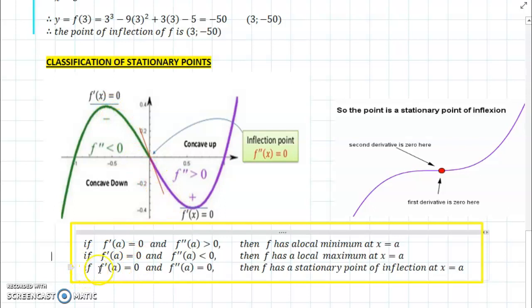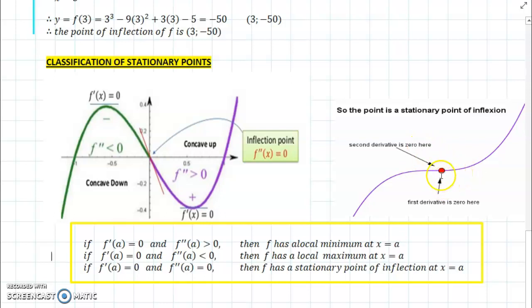If you have a stationary point and the second derivative is equal to 0, then f has a stationary point of inflection at x equal to a. So here the second derivative is 0 and the first derivative is 0, then it is a stationary point of inflection.